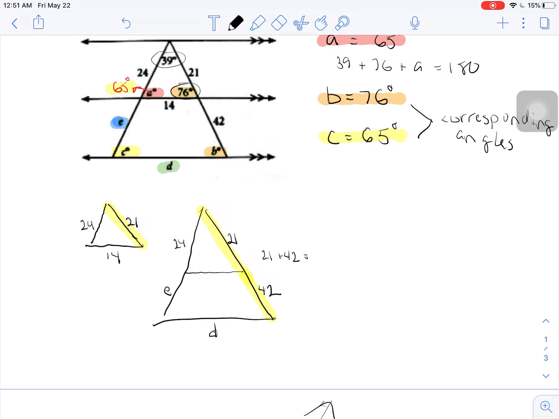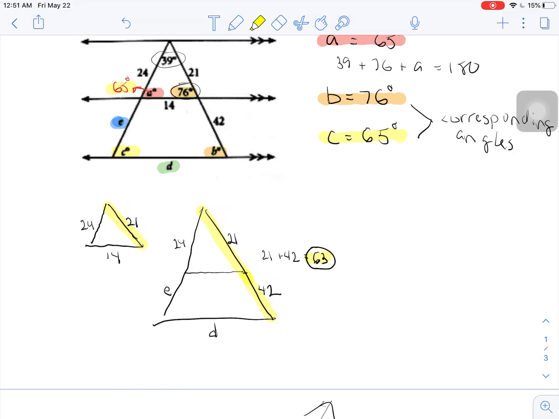A lot of people get tricked by that and they'll just use the 42. Well, 42 is not the entire right side of the triangle. It's only part of the right side. So make sure you're getting the length of the entire side. That's a common mistake people make when they have shapes inside other shapes. So the entire side length of the big triangle is not 42 and it's not 21. It is actually 63. So 21 matches with 63.